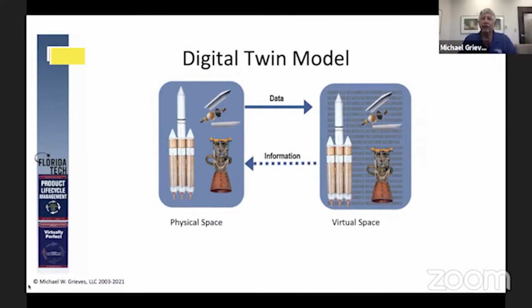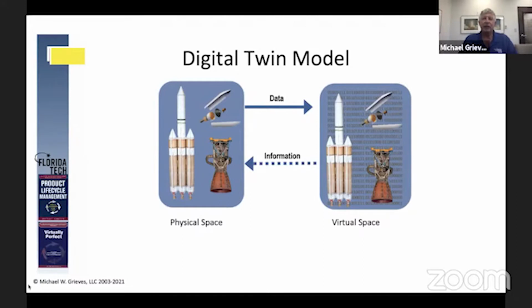And so we need an environment that will represent not only the geometry or the image of what we are dealing with in physical space, but also the behavioral aspects, modeled and simulated in virtual space. And in 2010, this was presented at a couple of conferences.